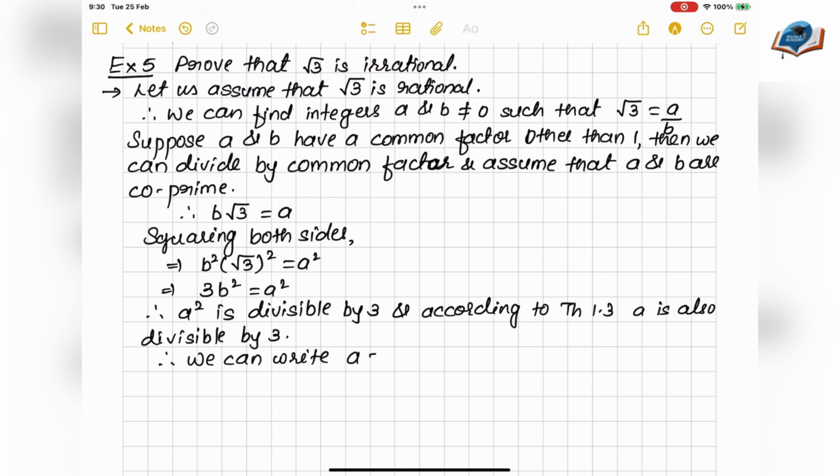Therefore, root 5 equal to P upon Q. So therefore, root 5Q equal to P. Squaring both sides, 5Q square equal to P square.